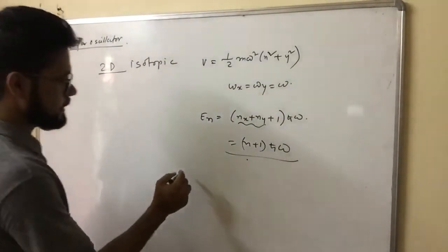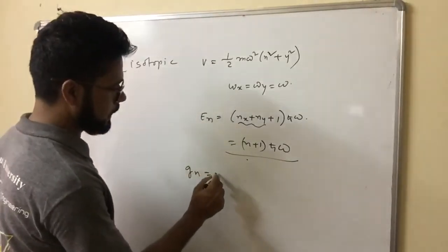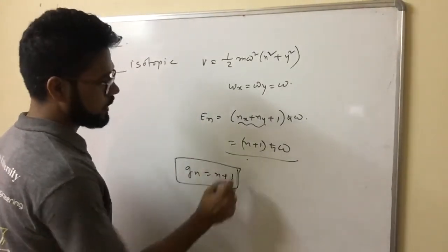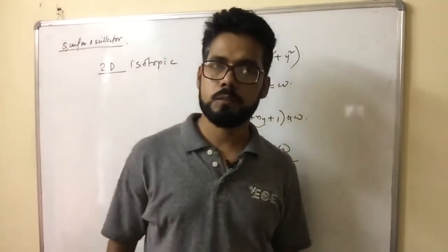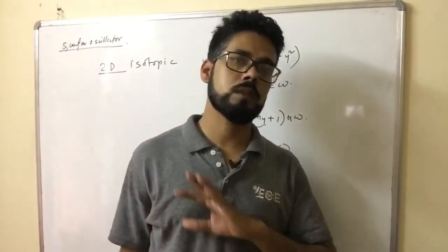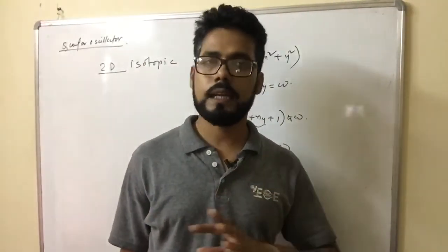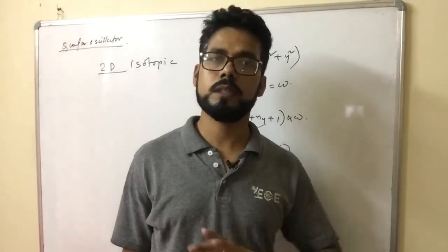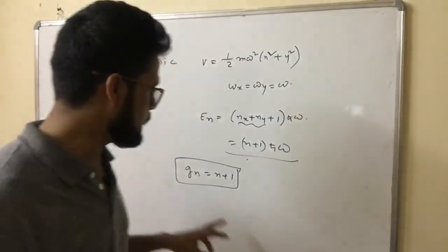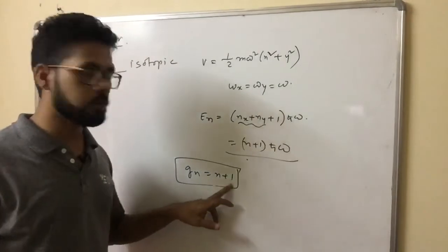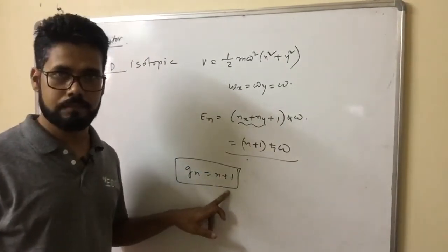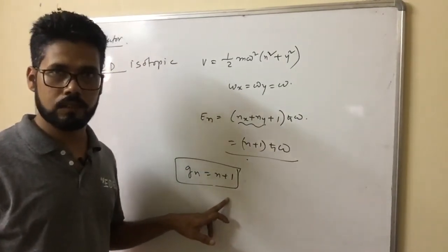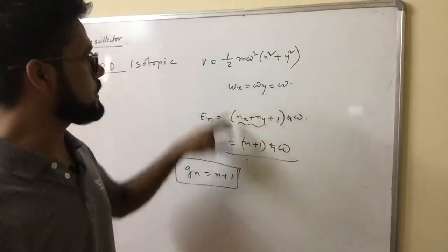And the degeneracy in two dimensions is n plus 1. In the quantum mechanics Jatili book, they have explained the degeneracy for three dimensions very well, but they have not written the harmonic oscillator in two dimensions and its degeneracy. Your degeneracy in two dimensions is n plus 1; this question comes in the exam. Remember, what is the degeneracy of a two-dimensional system?